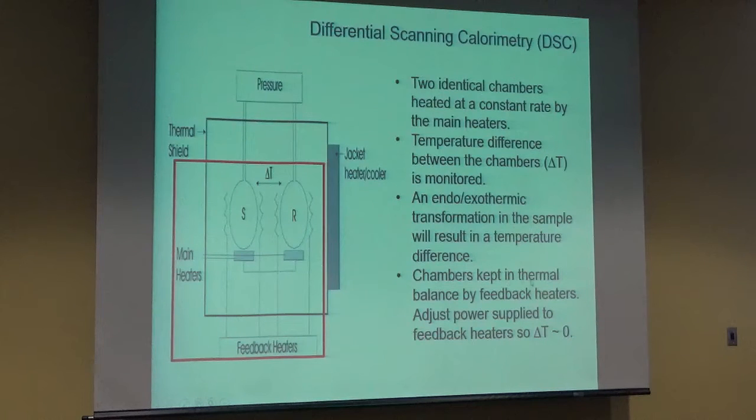The chambers are kept in thermal balance by feedback heaters, which adjust the power supply so that delta T is equal to 0. So you want to maintain the temperature, so you add some heat so that delta T is close to 0. I may not be able to give you more than this information because you bioengineering folks may know more than me.